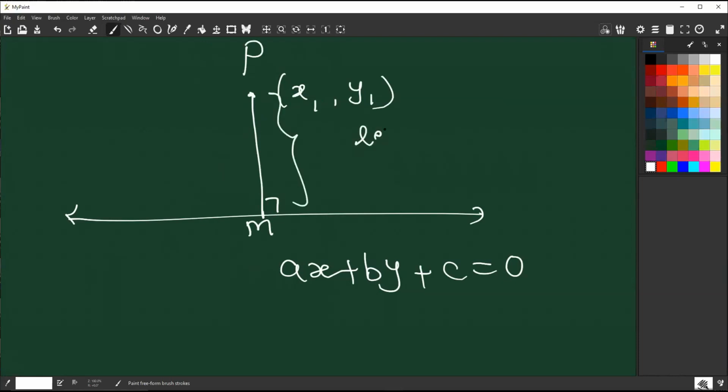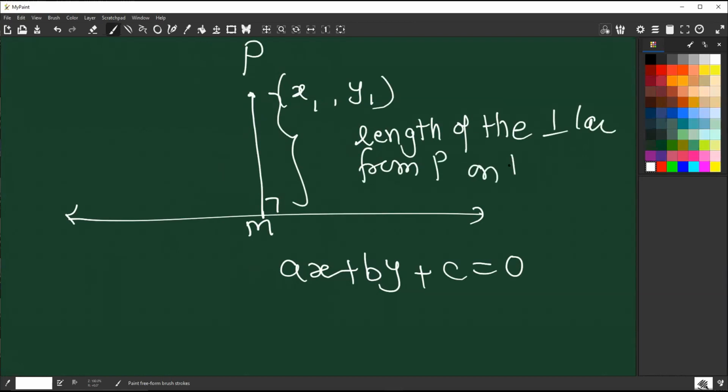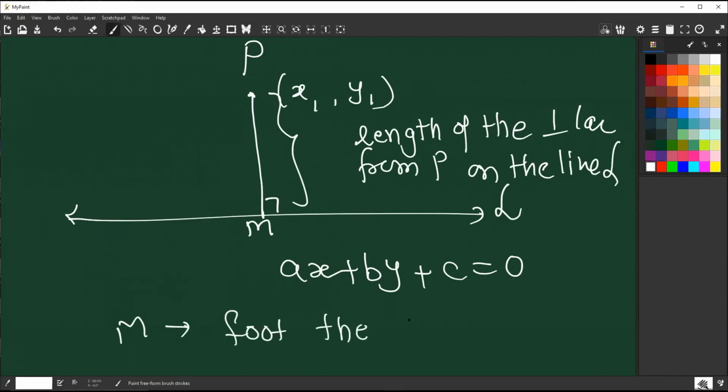It is the length of the perpendicular from P on the line L. ये line L है. So what is the formula? No, M is the foot of the perpendicular. Foot नीचे रहता है. Foot of the perpendicular is M.